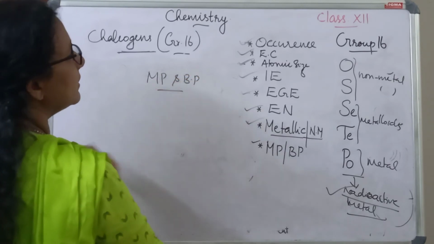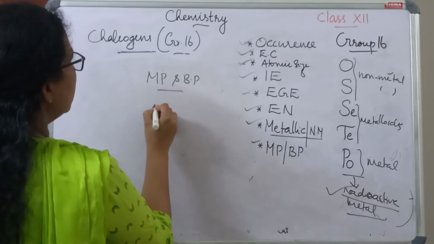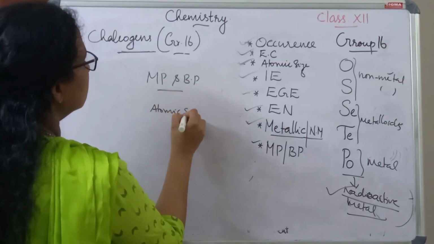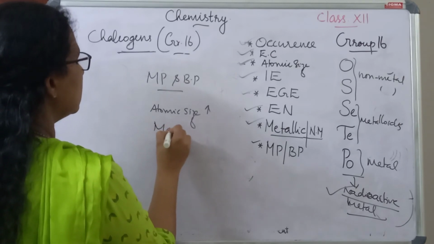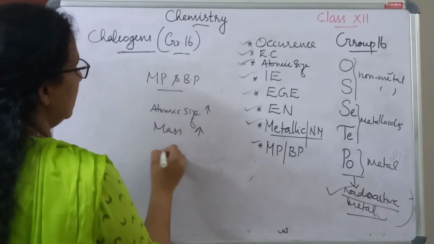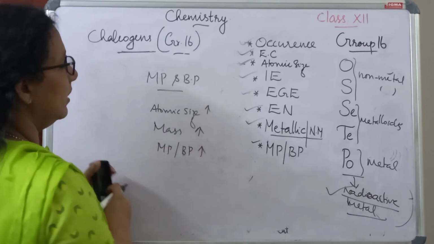In the case of melting point and boiling point, if you are coming down the group, the atomic size increases, so mass will be increasing, so melting point and boiling point increase down the group.